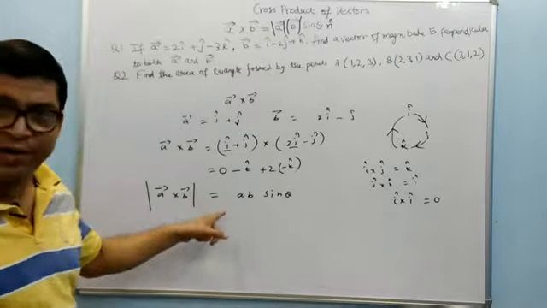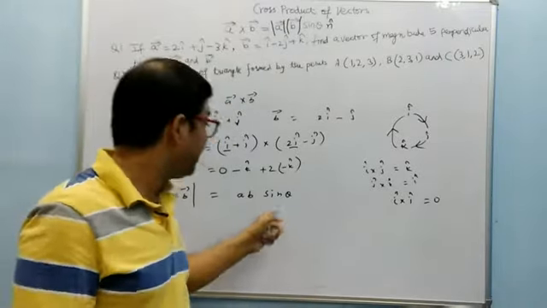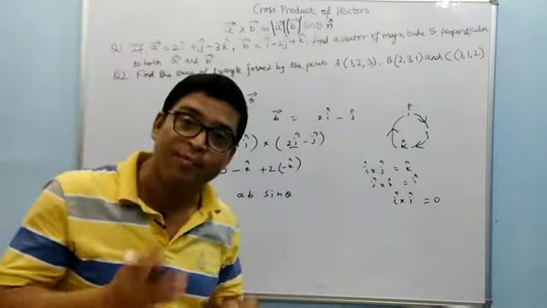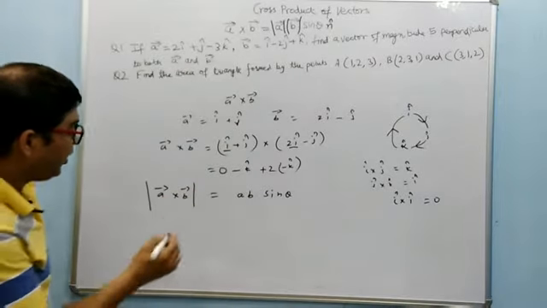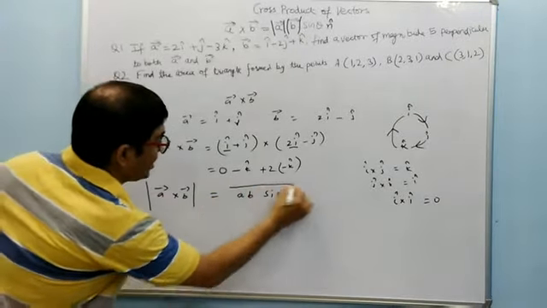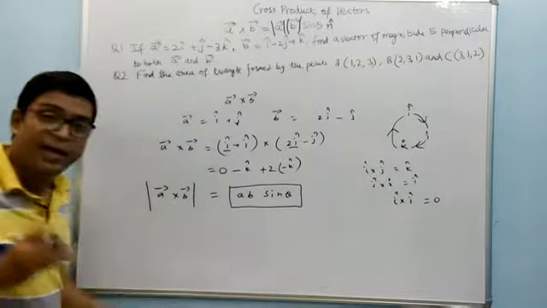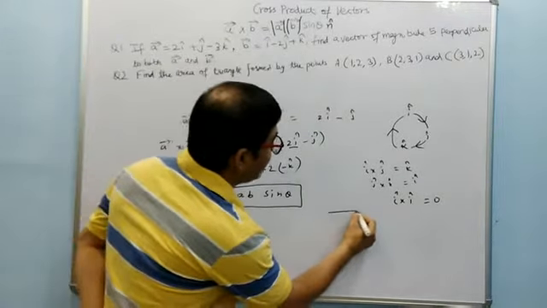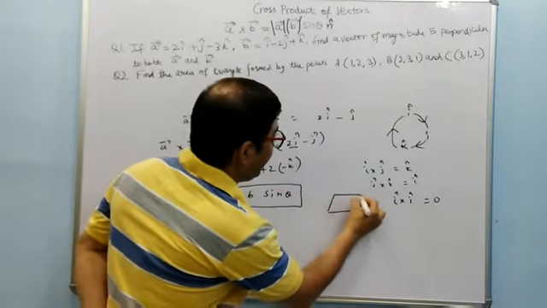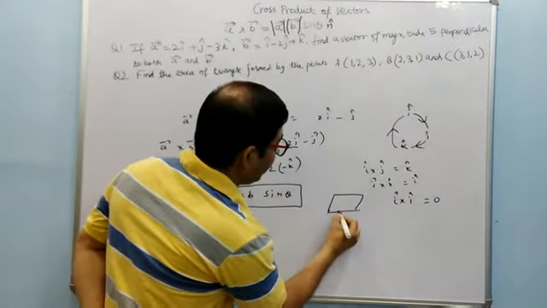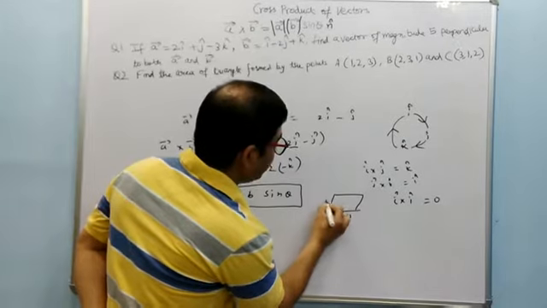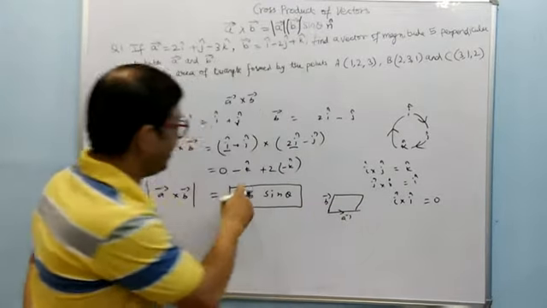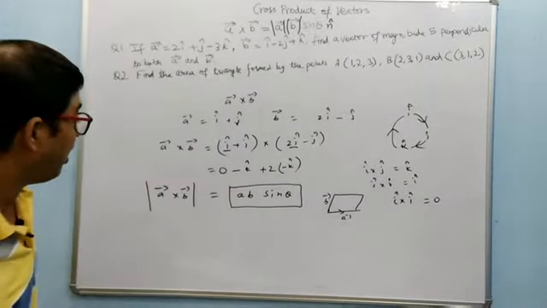This is the modulus of vector A, this is the modulus of vector B, sine theta, because the modulus of n cap will be 1. What is this actually? This is the area of parallelogram whose two sides are vector A and vector B.